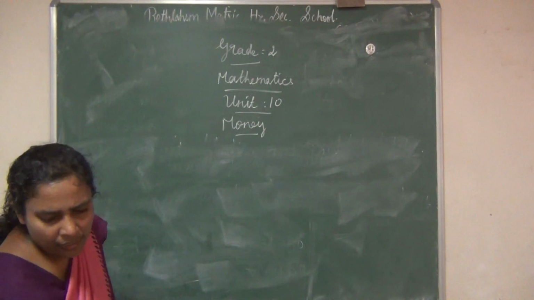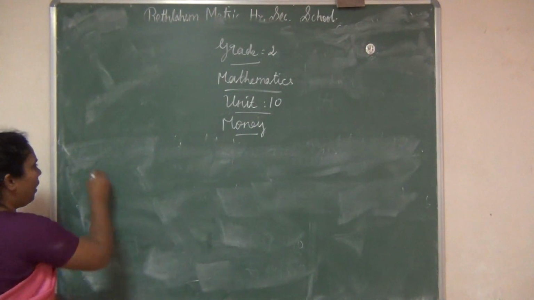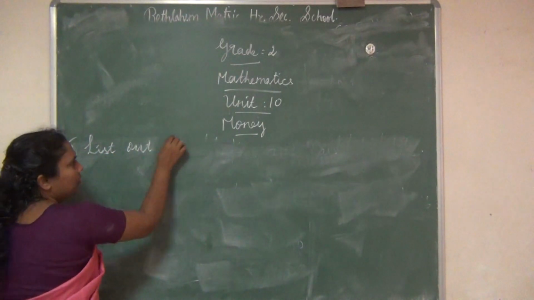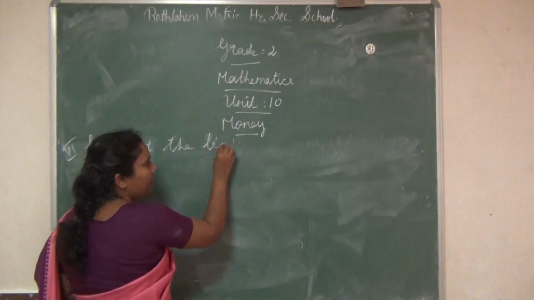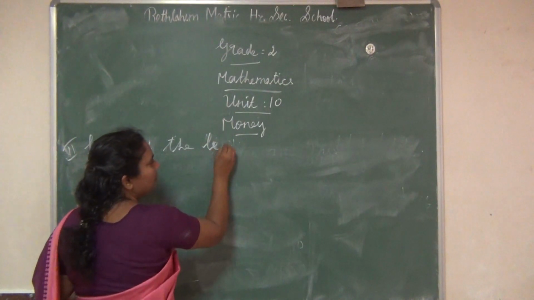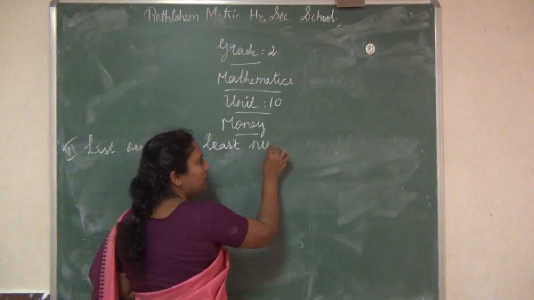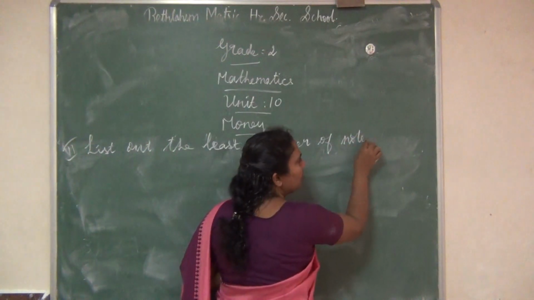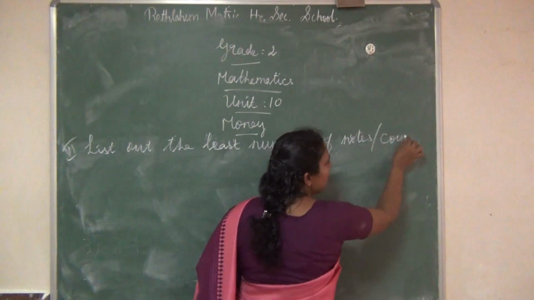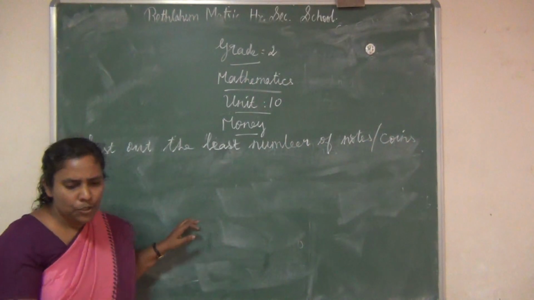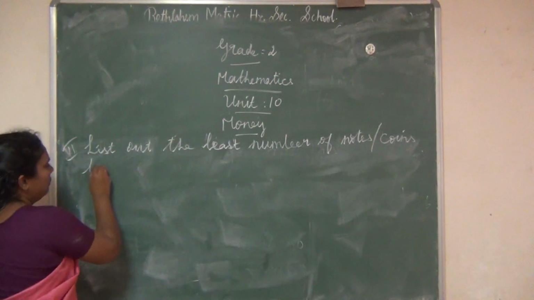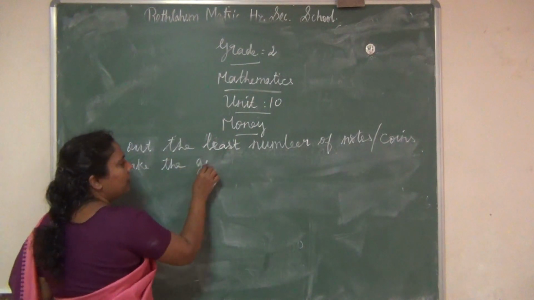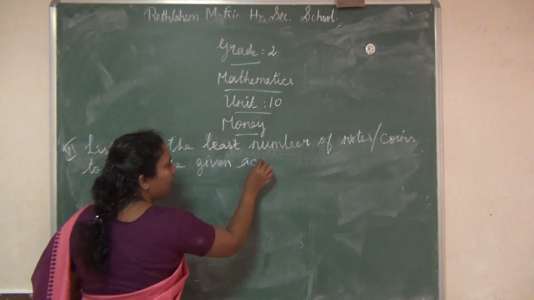Listen to Roman letter 2. List out the least number of notes or coins to make the given amount.